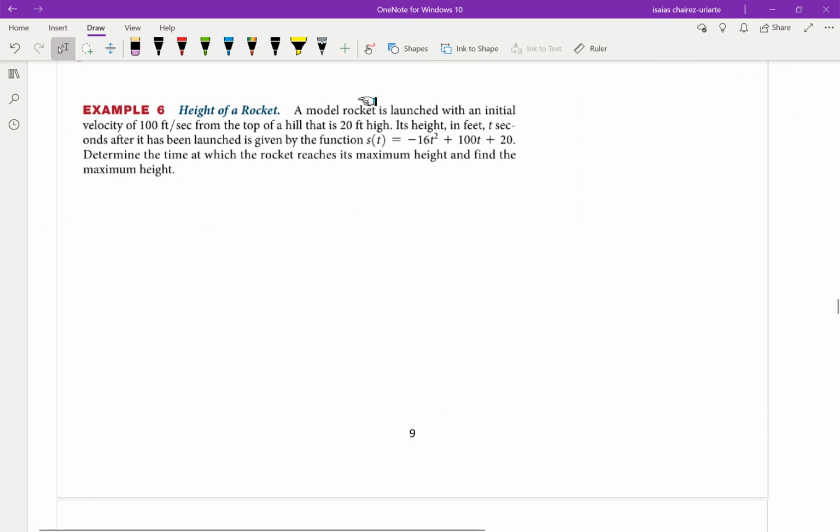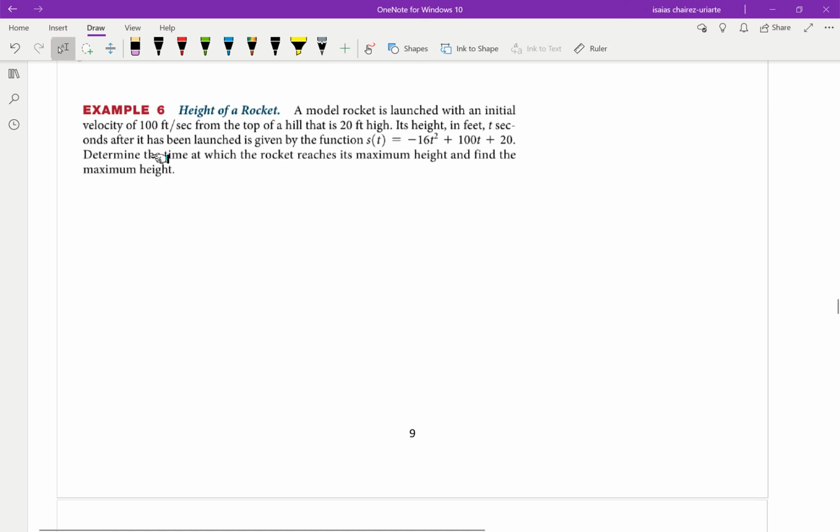So we have a model rocket. It's launched with an initial velocity of 100 feet per second from the top of a hill that's 20 feet high. Its height in feet, t seconds after it has been launched, is given by the function negative 16t squared plus 100t plus 20.